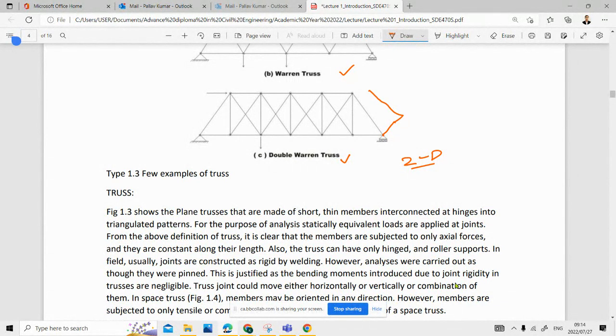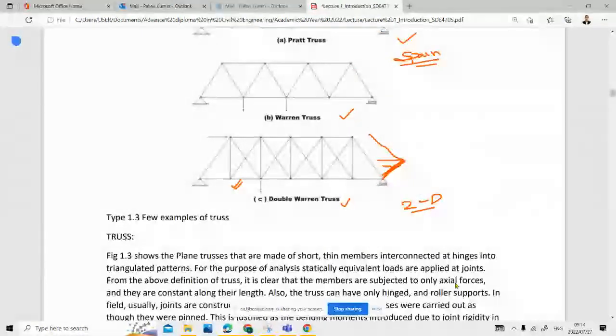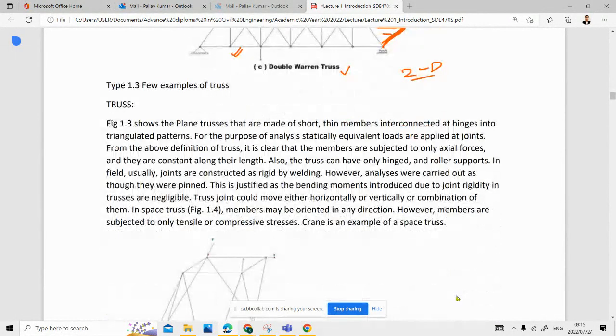Generally we analyze one set and replicate it on the other side, while considering the loads on the floor of the truss and then transferring them to the members of that truss. That is what we need to understand. So we try to idealize them. Instead of 3D, we try to analyze all these trusses in a 2D form, right?